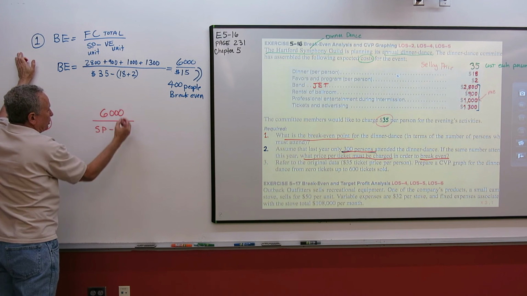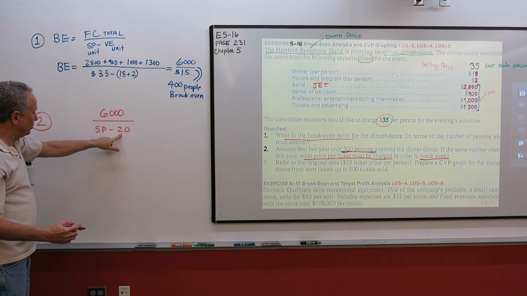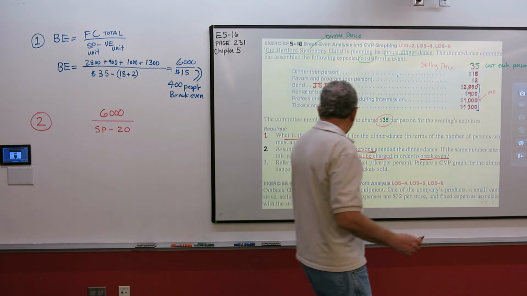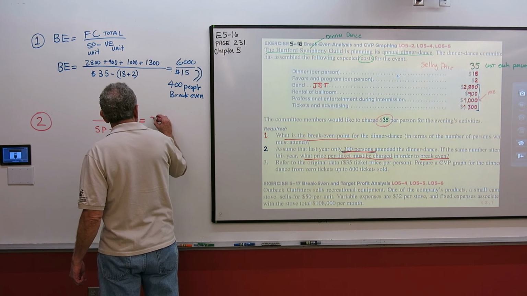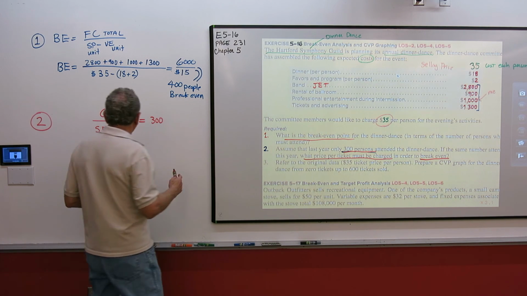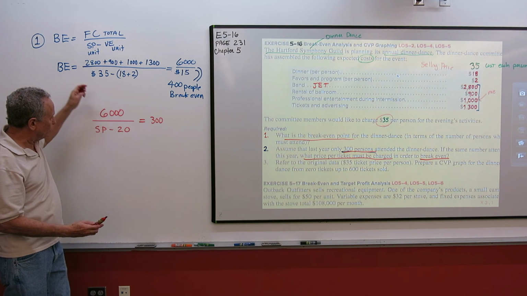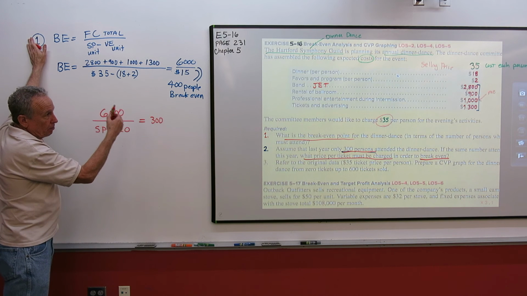We do know the variable expenses are still going to be 20. You with me on that? But they're asking you, what price per ticket? That's what they're doing. And we already know that this has got to equal 300. In this case, can we solve? Again, we know the fixed costs are going to stay the same: the same band, the same favors, the same professional entertainment.